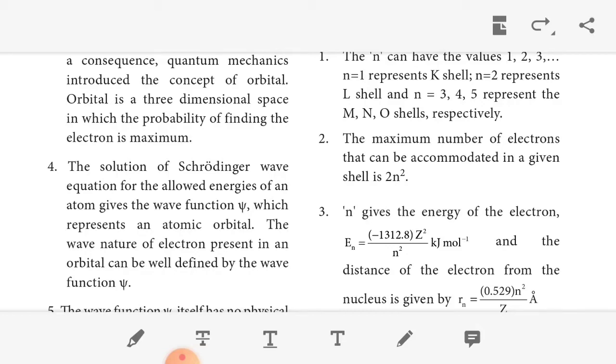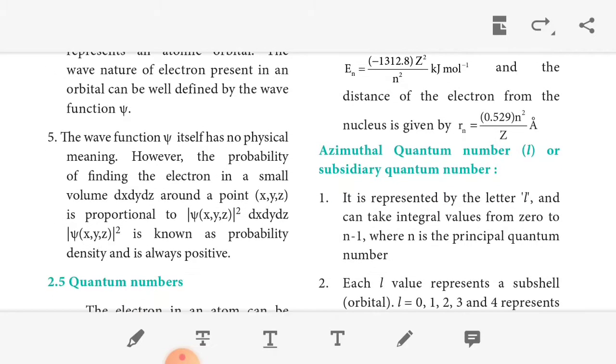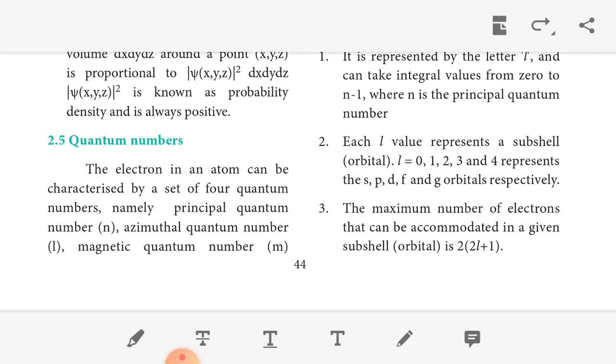The wave function psi has no physical meaning. The probability of finding the electron in a small volume dx dy dz around a point x, y, z is proportional to psi. Psi of x, y, z square is known as the probability density and is always positive.